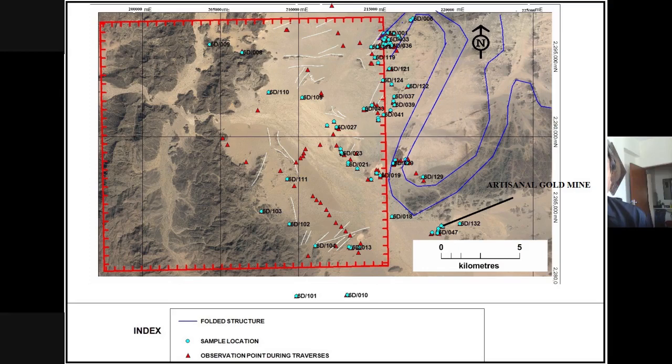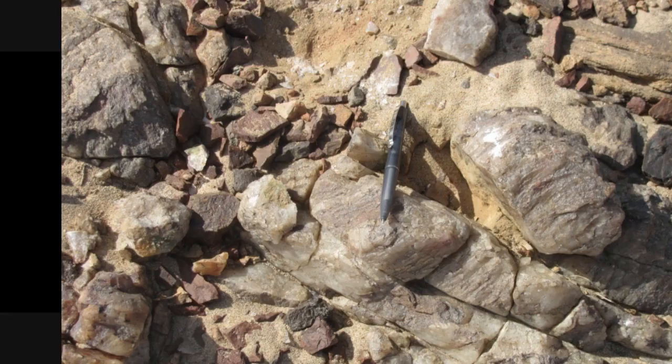Mainly we sampled the quartz veins, the smoky quartz veins, and the gold was available in smoky quartz veins. The smoky quartz veins were within the granite terrain, granite to granodiorite, the basic rock type, which was superimposed by younger sandstone of Silurian age.